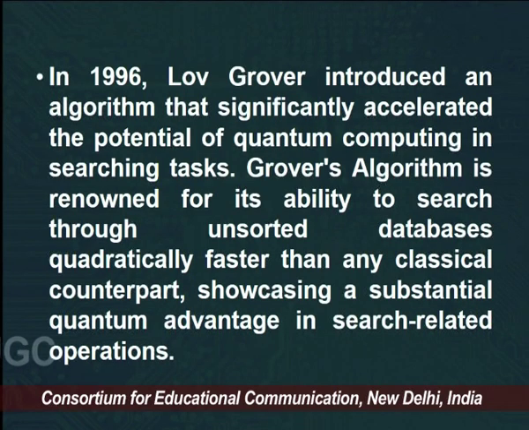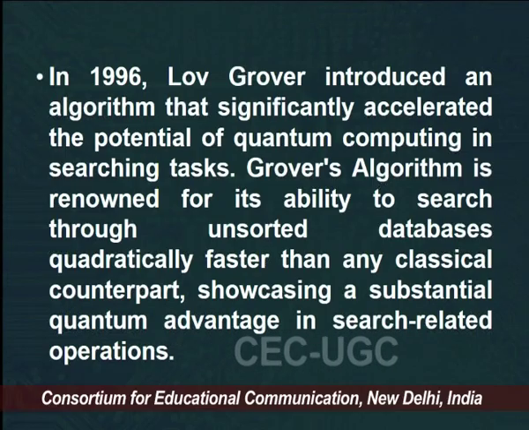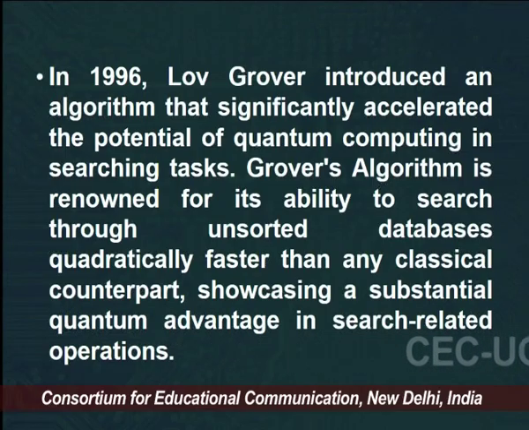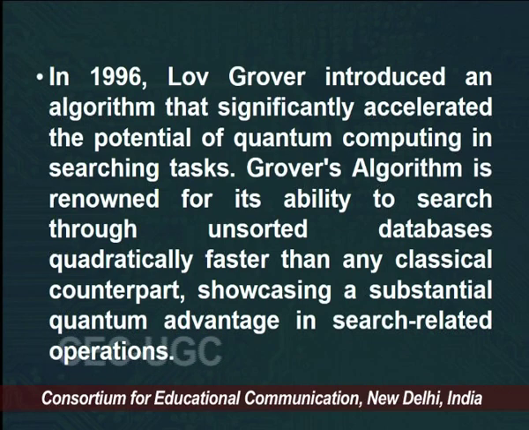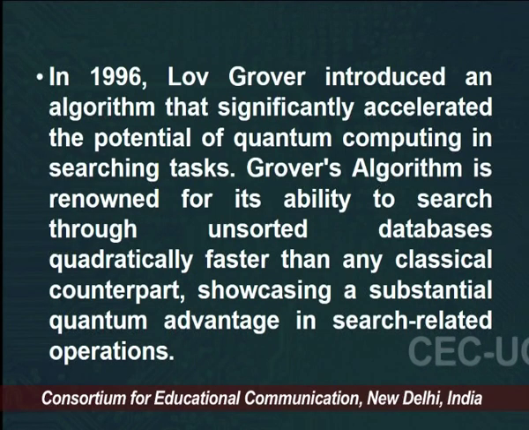Whenever we have unstructured data, where the data is in a random manner, the Grover algorithm can search it efficiently and faster compared to the classical algorithm, showing a substantial quantum advantage in search-related operations.